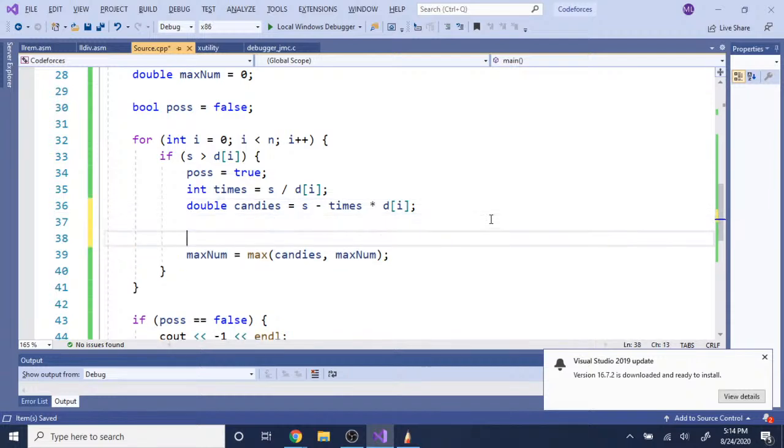Yeah, I'll do that. So I'm gonna multiply candies by 100. Let's do like integer is equal to actual leftover.